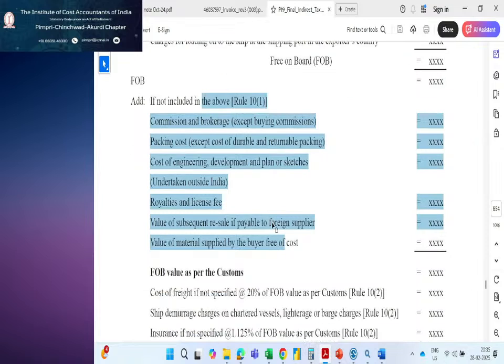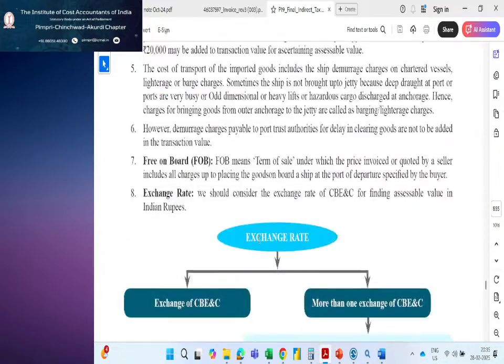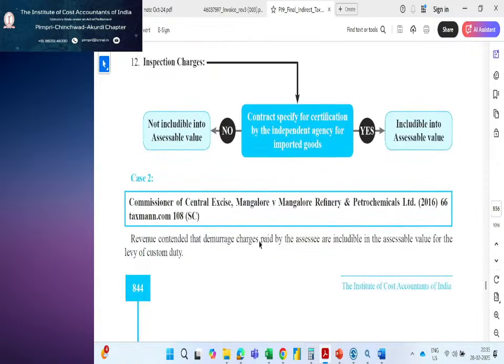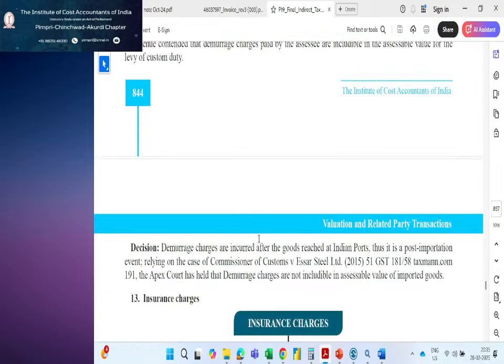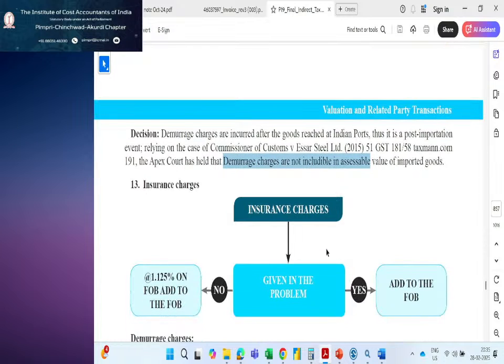Those things only we generally consider for the purpose of calculating the assessable value. But here the demurrage charge is post importation. You have received the import and then you have paid the demurrage. So in this particular case, it should not be considered in the assessable value.